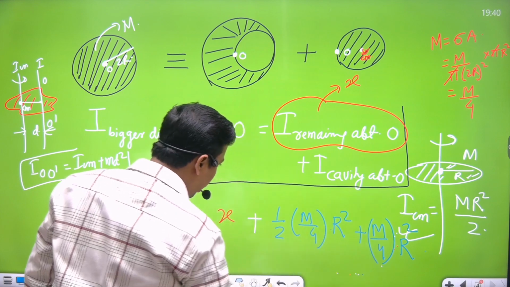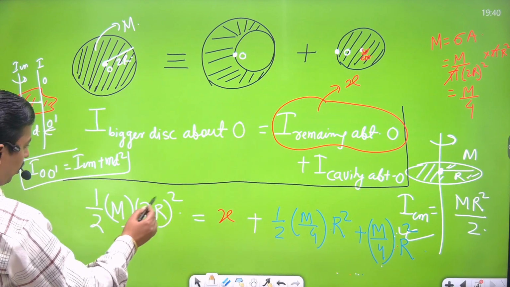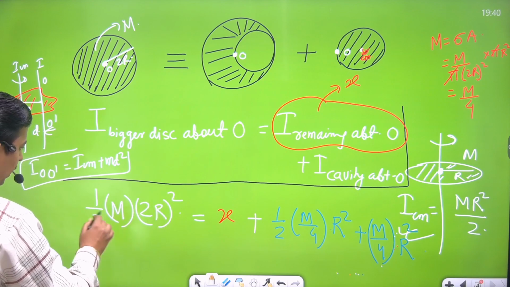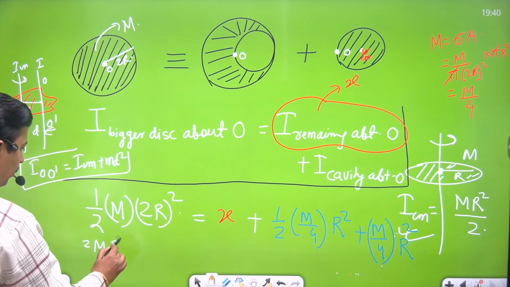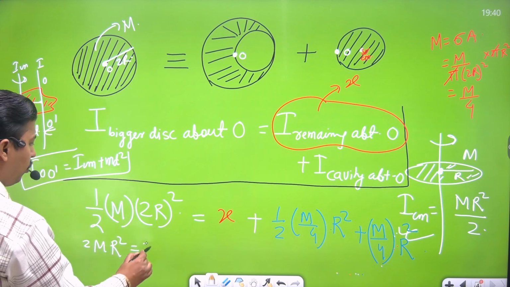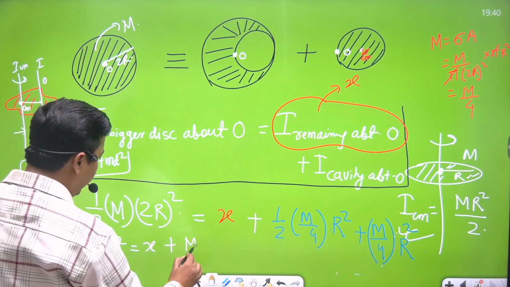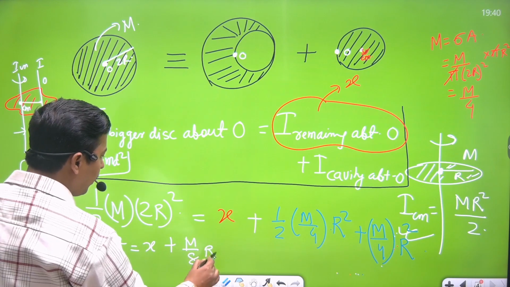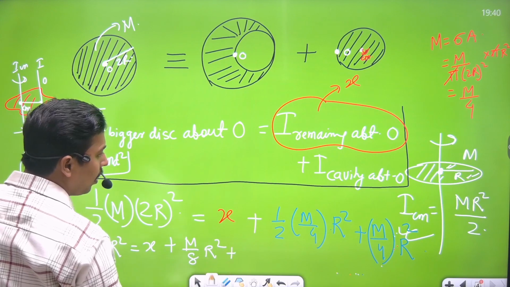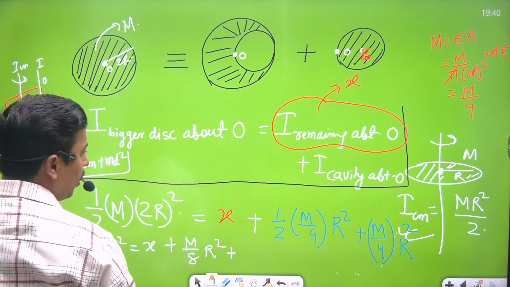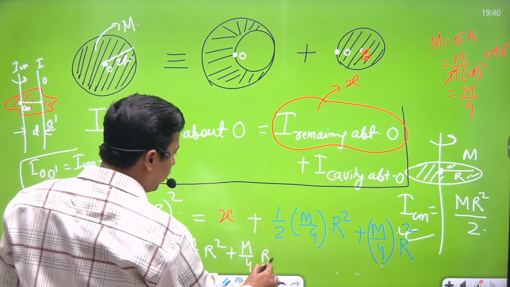Now you have to just solve. How will you solve here? 4 is cancelled by 2 as 2. So 2MR square will come out here, equal to x plus M by 8 r square plus M by 4 r square.